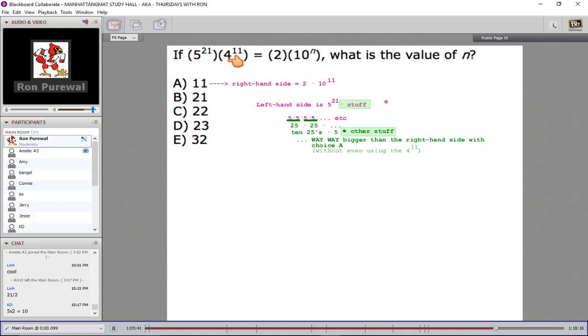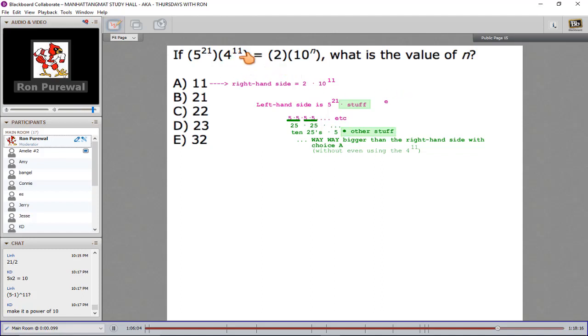Okay, so what are you doing with 5 times 2? What are you breaking this down into? In other words, 10 is made up of 5 and 2.